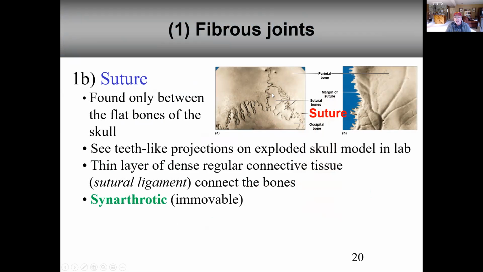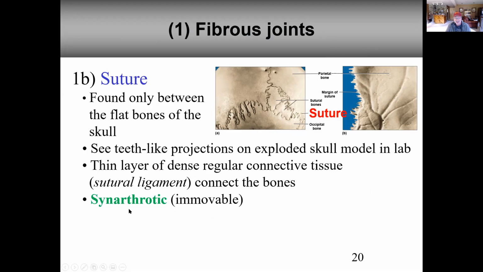But if you could look into your sutures, right in the very center of the suture, you'd find a very thin layer of dense connective tissue between the margins of the sutures. And that's what holds those bones together. Of course, the bony margin of the suture also helps to bind, but the connective tissue is also there to help hold those flat bones together at the suture.